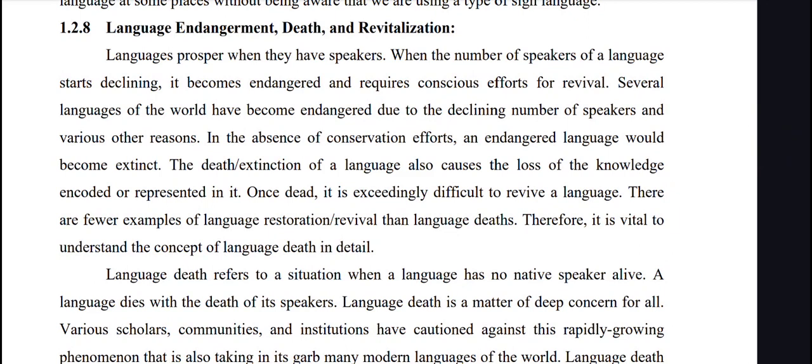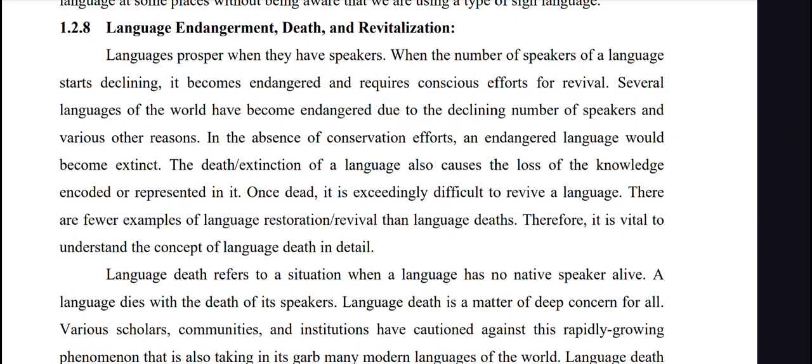Language education, depth and evaluation. Language death occurs when the number of speakers of a language starts declining daily and it becomes difficult to revive.